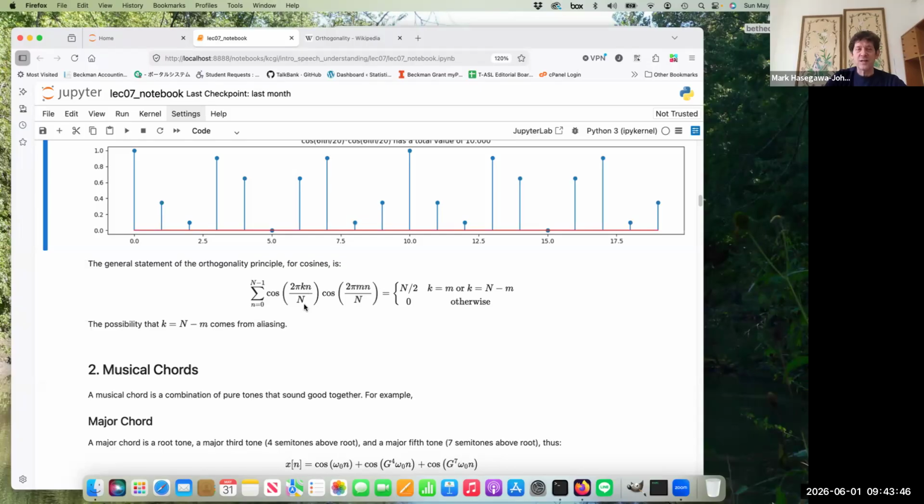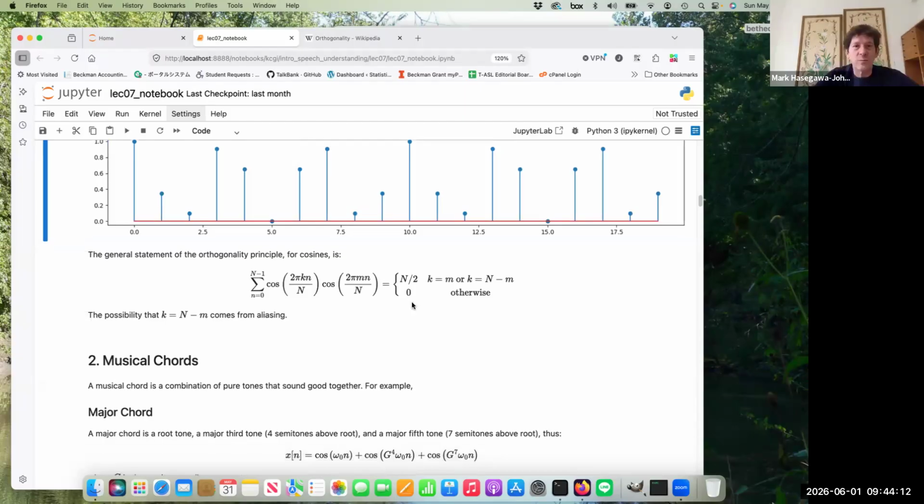If this first signal has no sound at the frequency of the second signal, then their dot product is 0. And so we can identify exactly which frequencies are contained in the first signal by taking x of n, whatever it is, and multiplying it by a cosine whose frequency we control, and checking to see whether the dot product is 0 or not.